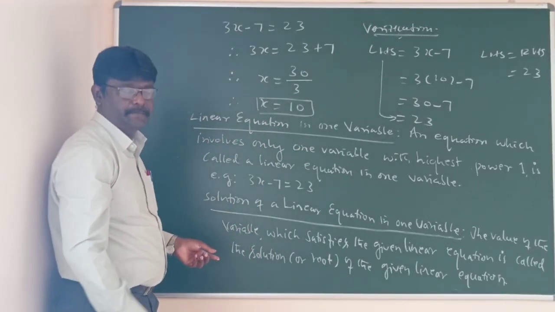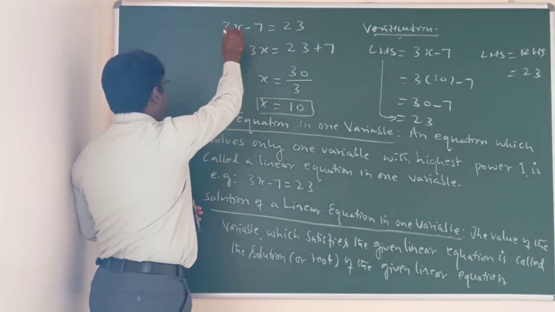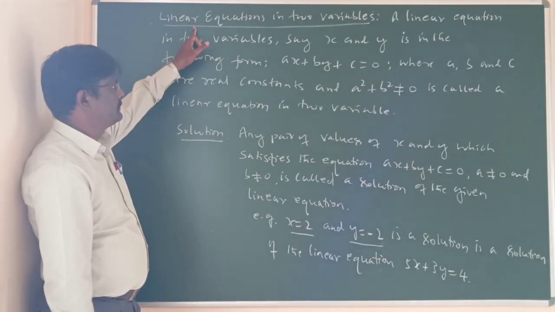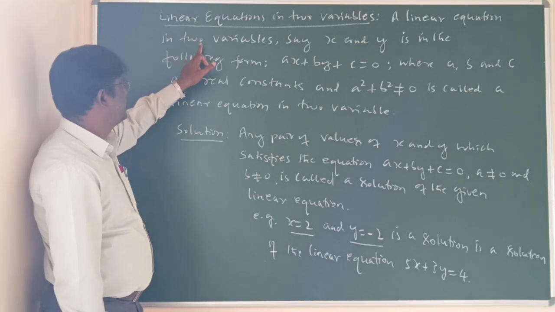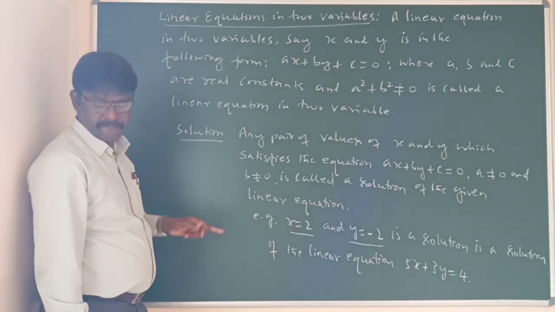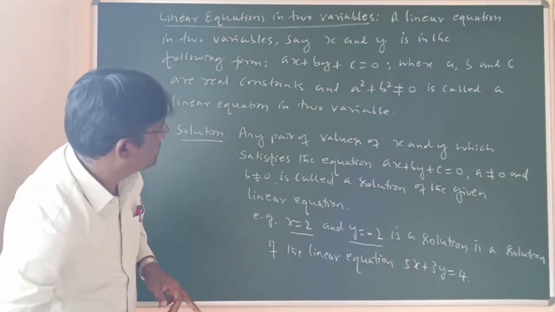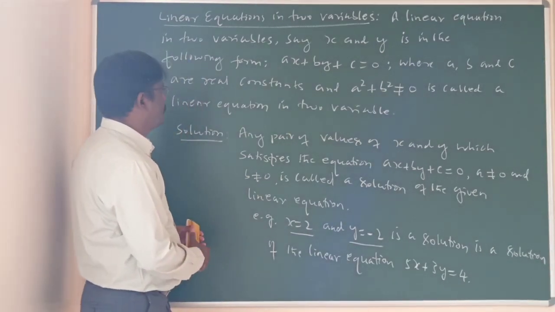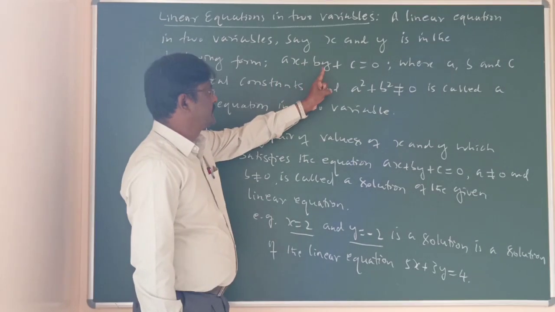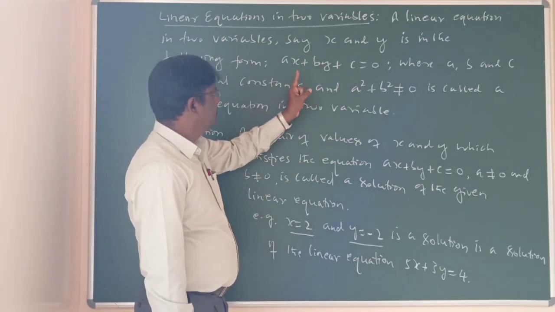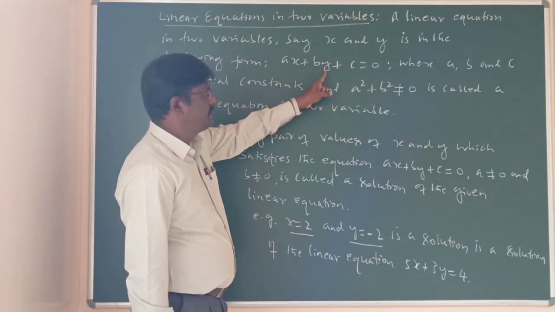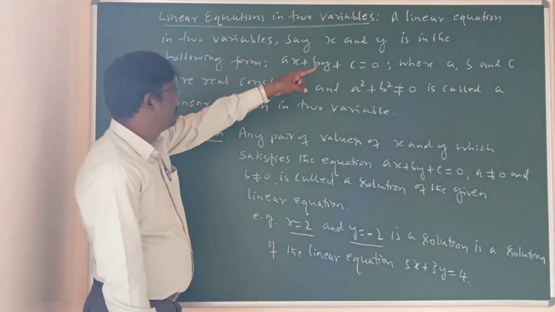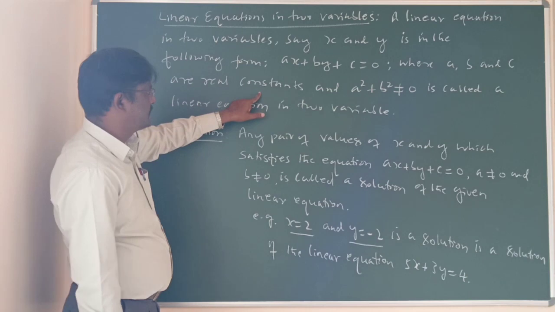Now we shall take some more basic terms. Now linear equations in two variables. A linear equation in two variables, x and y, is in the following form: ax plus by plus c equal to 0. Here x and y are the variables, and a, b, c are real constants.